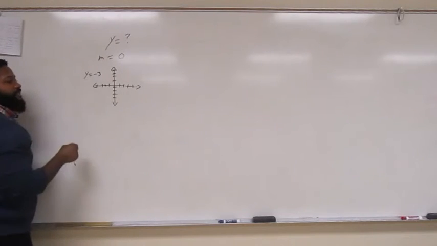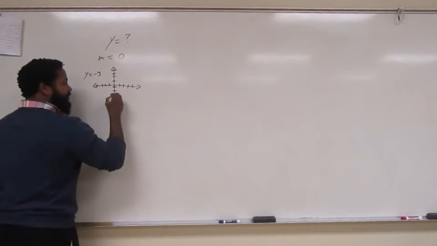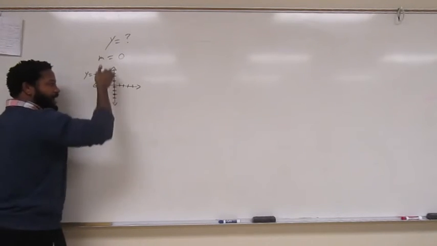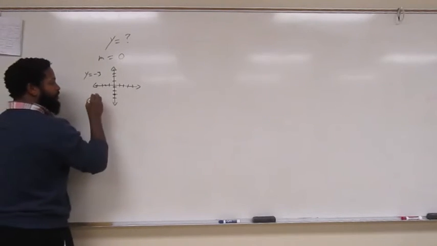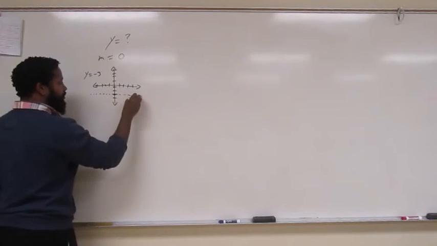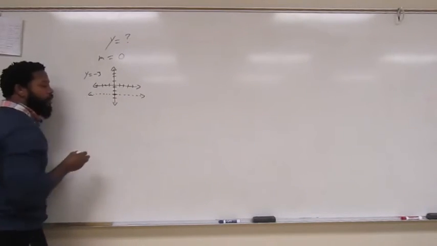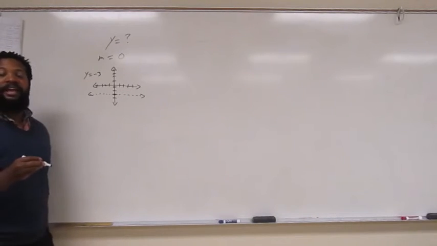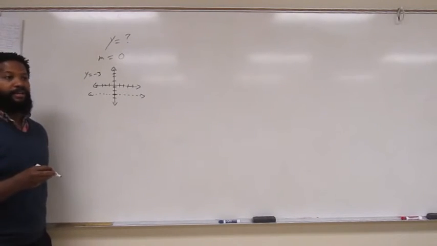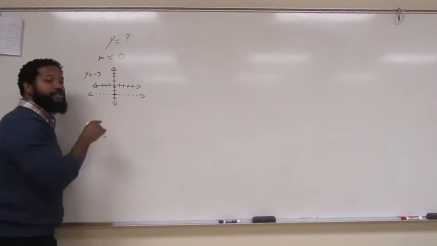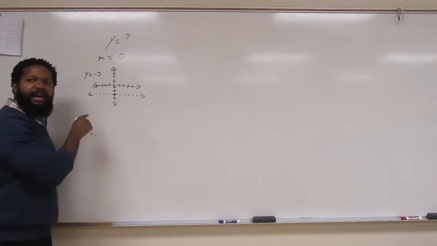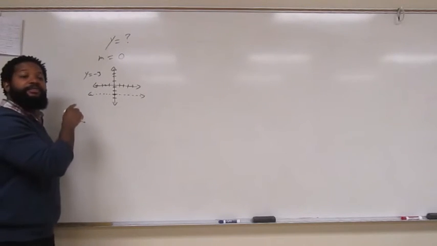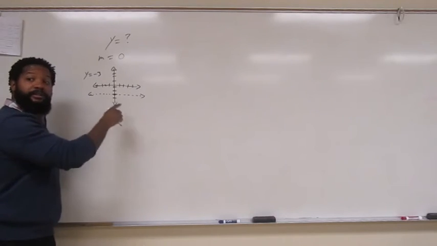If y is equal to -3, then this is it right here. Boom. -3 on the y-axis, okay? Which means you have a dotted line that crosses the y-axis at the -3 spot, okay? And it is horizontal, which means, is this line going up? No. It is doing what from left to right?